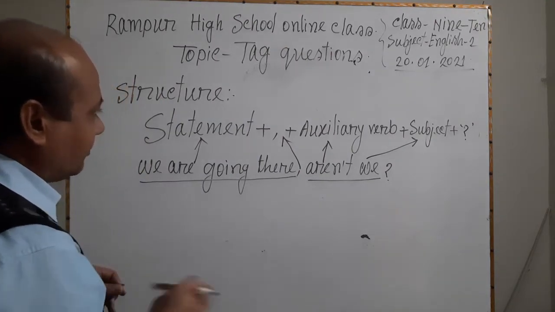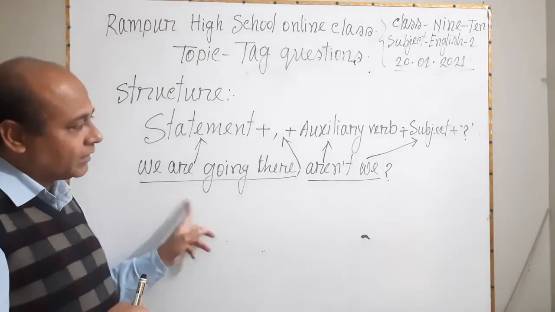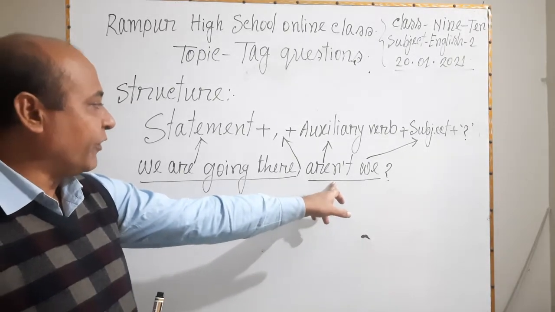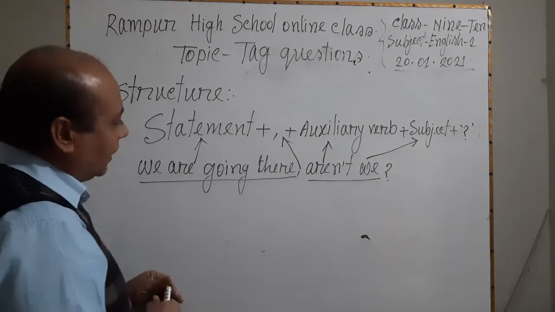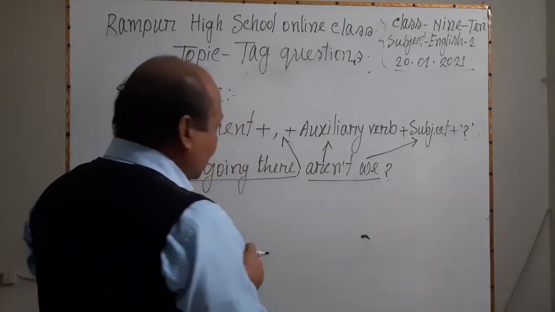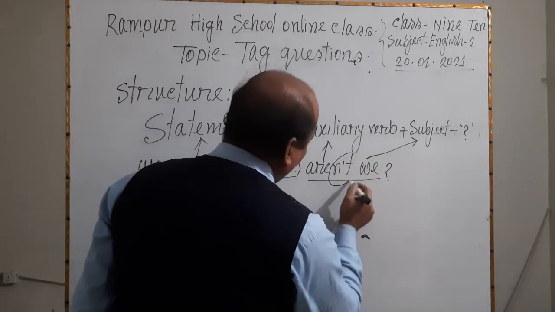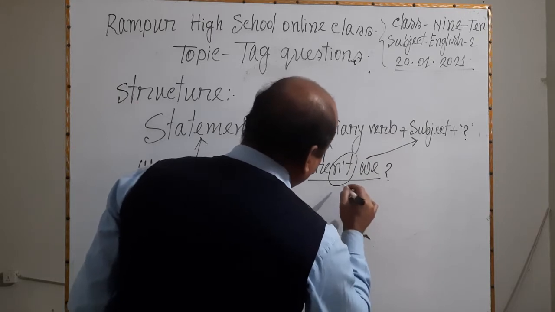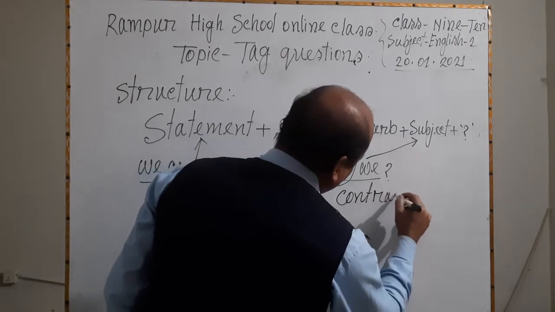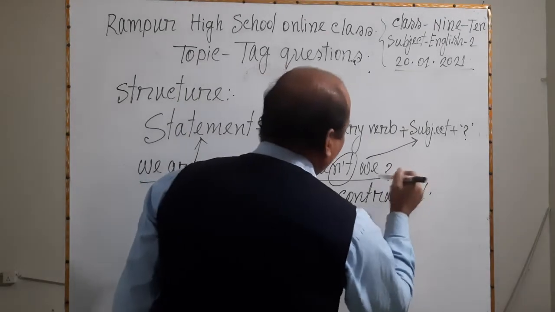And if the statement is negative, the tag question will be affirmative. And the negative form of the auxiliary verb will be contracted. Then the sign of interrogation.